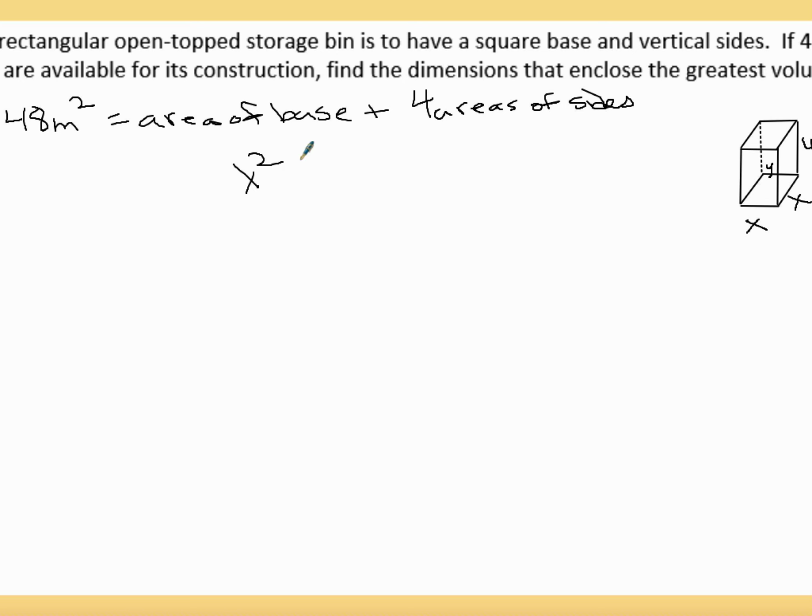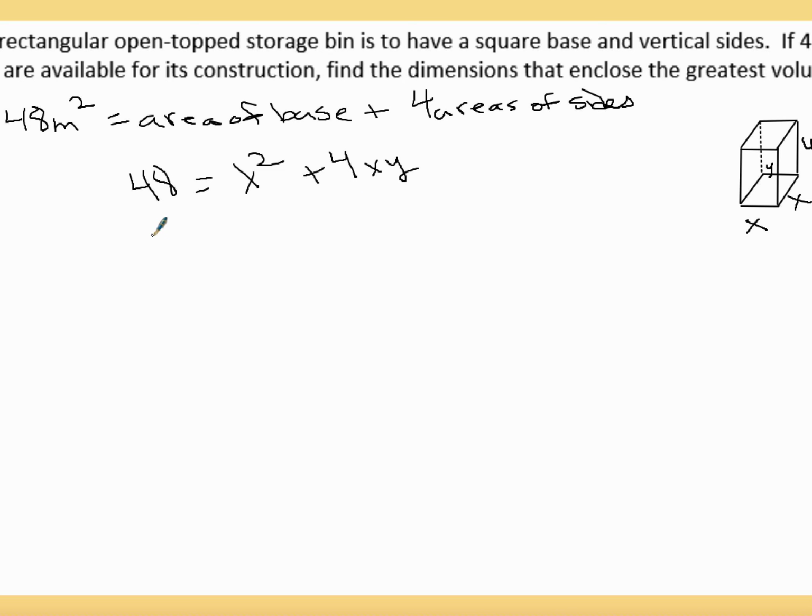That will be the area of that. And for the 4 sides, each side is x by y, so there's 4 of those, so 4xy. That's going to have to add up to 48 meters squared because that's all the materials that we have. A good thing to try here would be to solve for y.